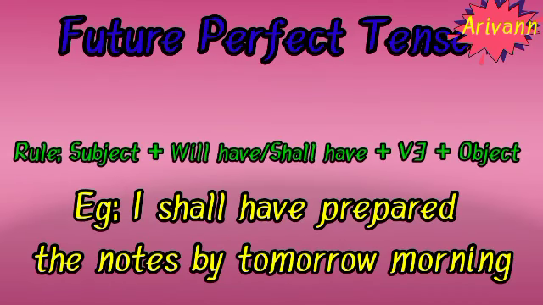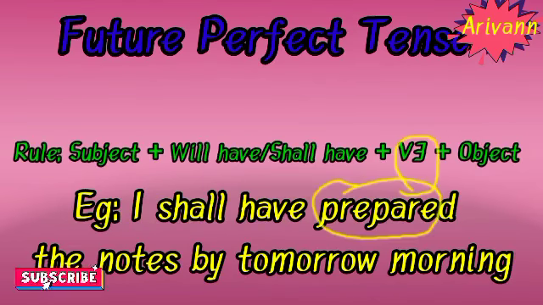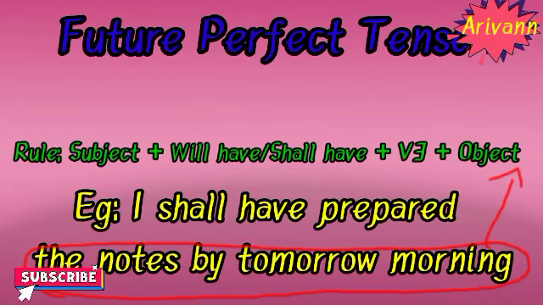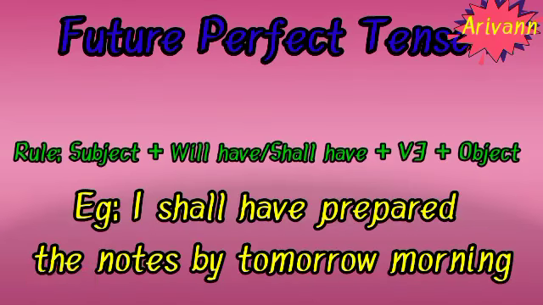In this example, the subject is I plus shall have. It is followed by prepared, which is the third form of verb prepare, and then the object. So to form future perfect tense, you need to follow this rule. Subject plus will have or shall have plus verb 3 plus object.